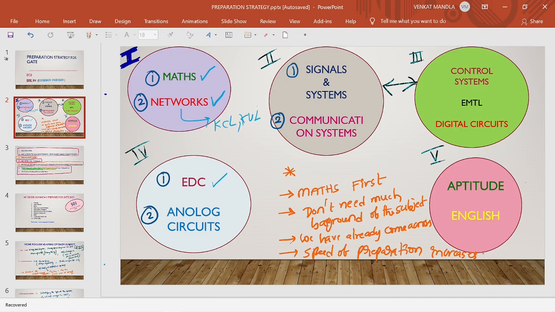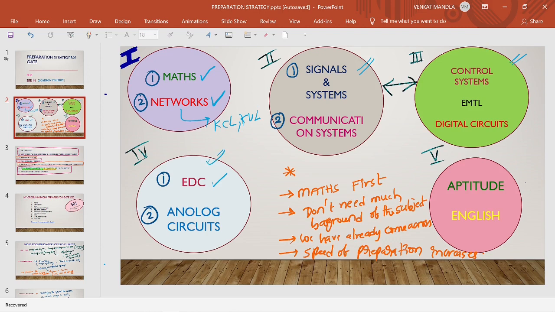It completely depends on you, on which subjects you feel are easy. Some persons will feel this third block is easy. What are the contents in the third block? Control systems, EMTL and digital circuits. Some feel the third block is easy, some feel the second is easy, some feel the fourth is easy.